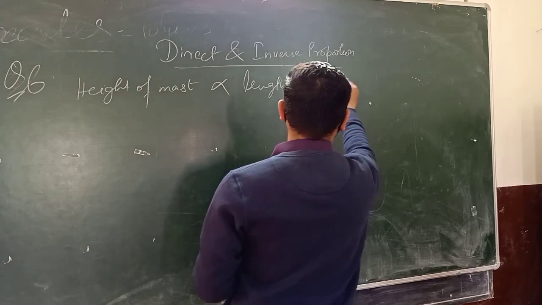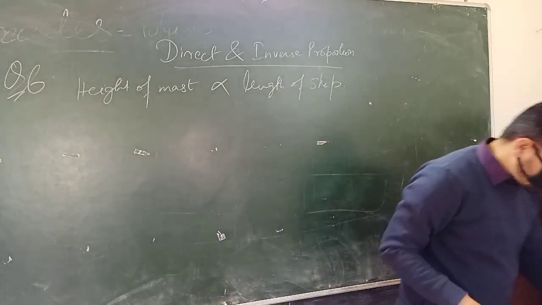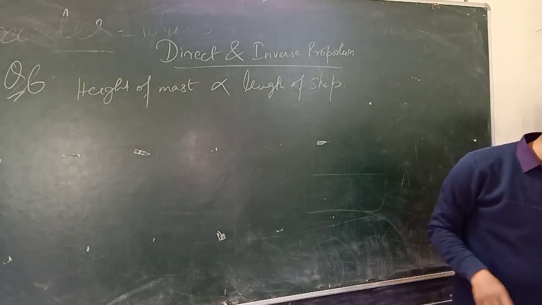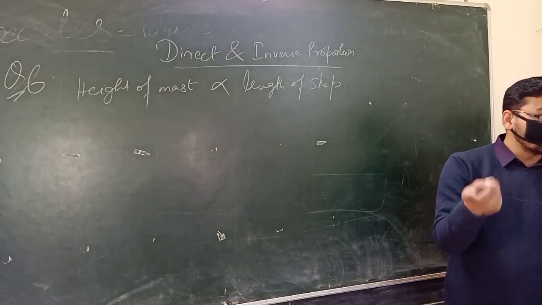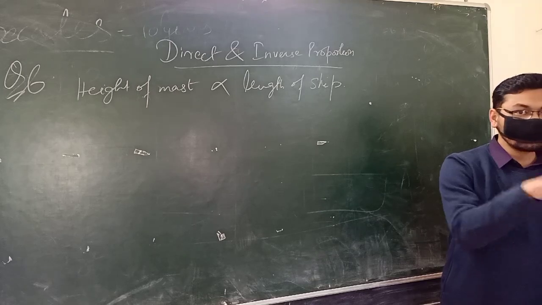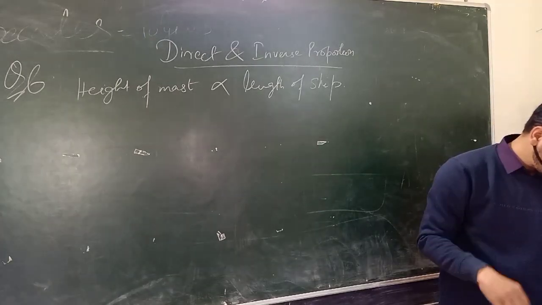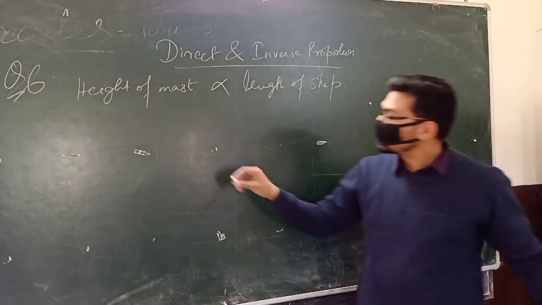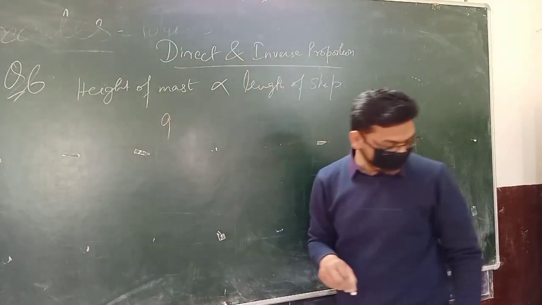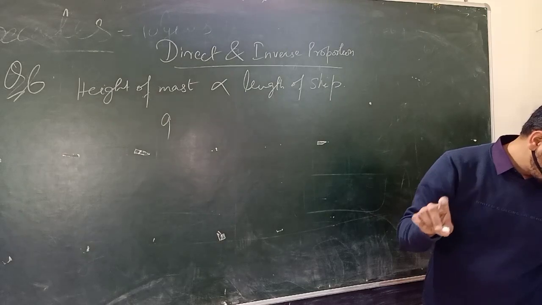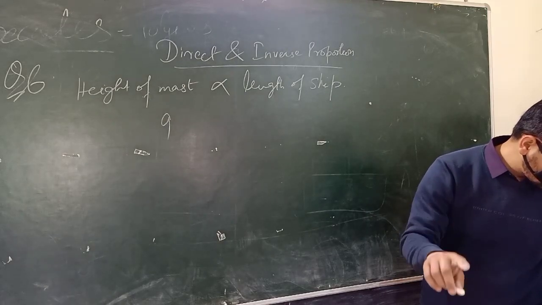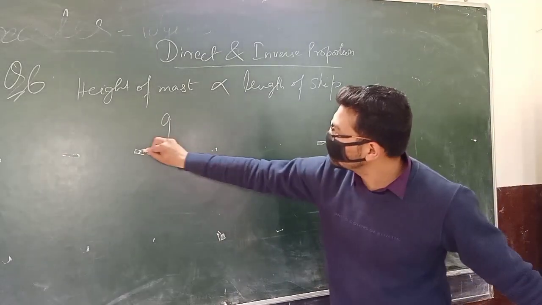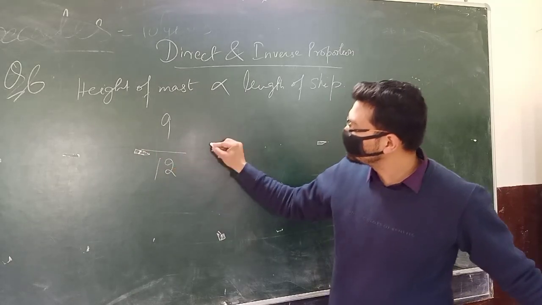Okay. Now see in this question, one is model and one is actual ship. There are two ships, one is model ship and other is actual ship. In a model of a ship, the mast height is 9 centimeters, while the mast of actual ship is 12 meters.